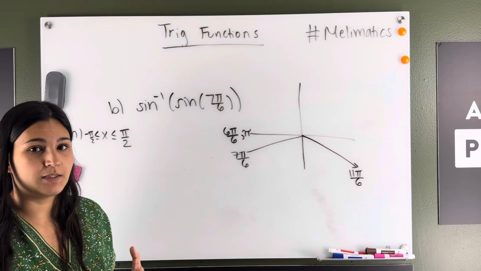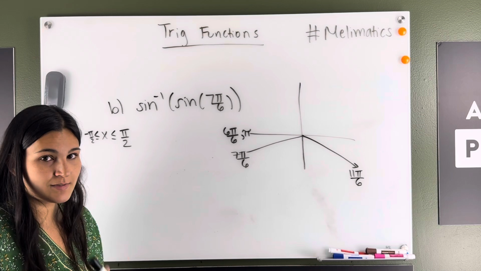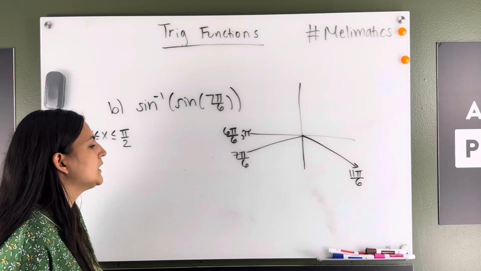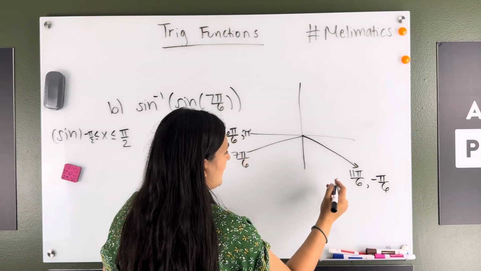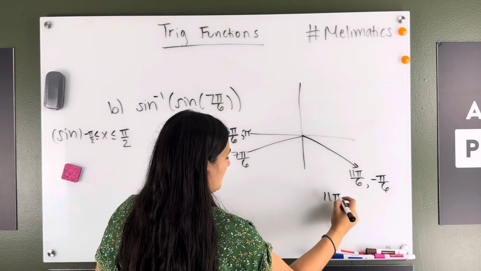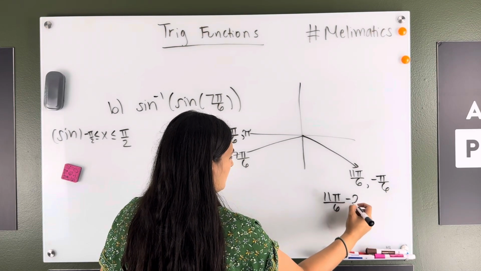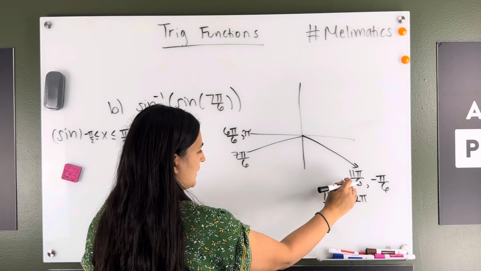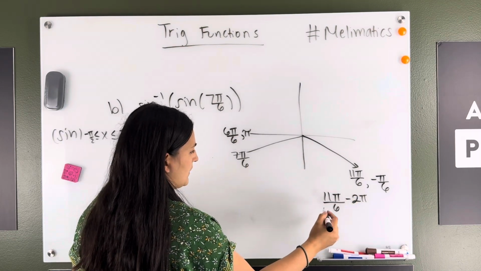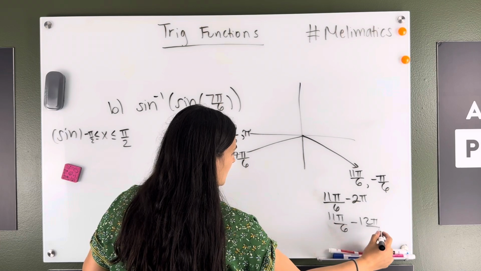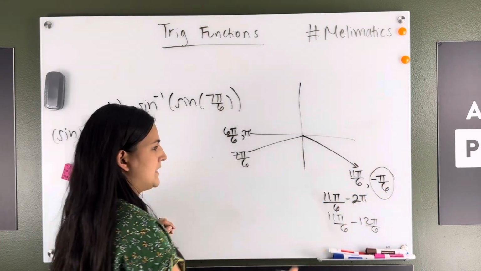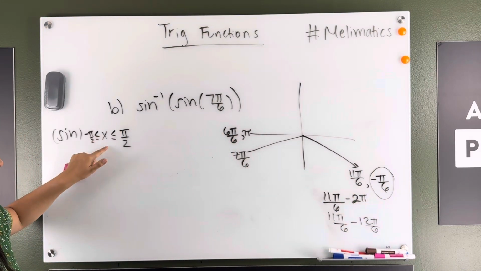But we can't write that because that is past pi over 2. So instead we're going to write it as negative pi over 6. Why? Remember that we can always find a coterminal angle. If I subtract 2 pi from the 11 pi over 6 that I want to use, remembering that you need common denominators, you get negative pi over 6, and now it is in the domain that we need.